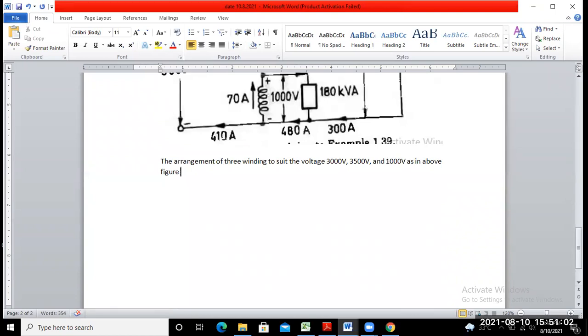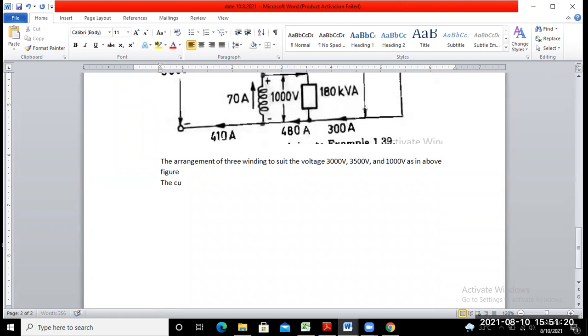So the current through the load of 1050 kVA at 3500 volt is how much? So first of all, find the current through load 1. Okay.